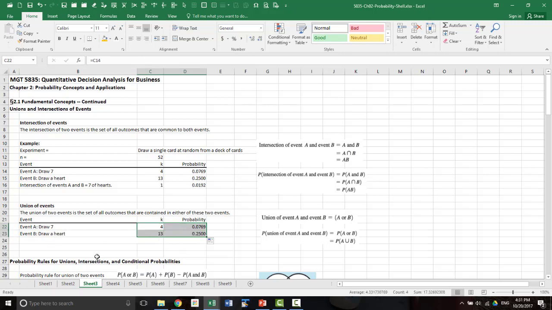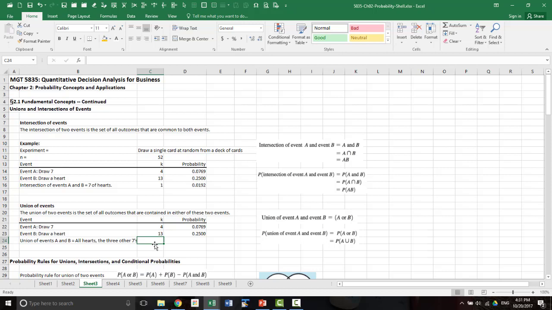Now we want the union of A and B. That would be all hearts, which includes the 7, and then the 3 other 7s which are not hearts. That would be the union of A and B. How many outcomes are there like that? There are 13 heart cards, and of the four 7s, one is already counted in the 13.